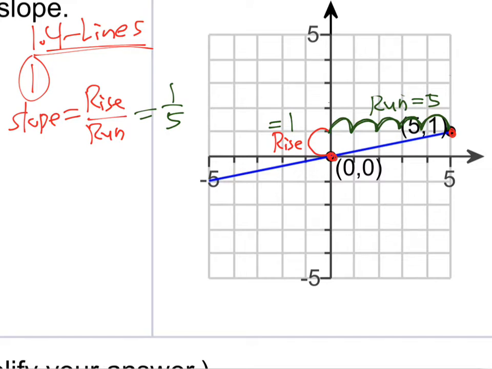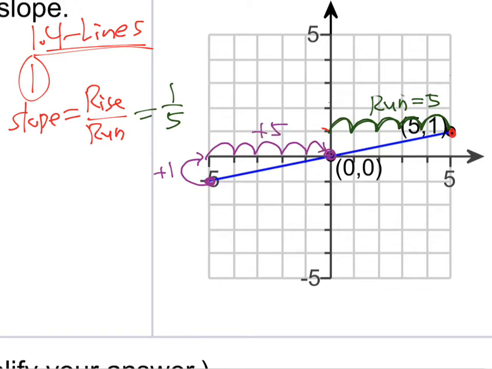By the way, what if we had picked a different point to start? What if we had started back here and gone to the middle instead? Would it have been anything different? We go up 1. Up is positive. And right 5, same thing.